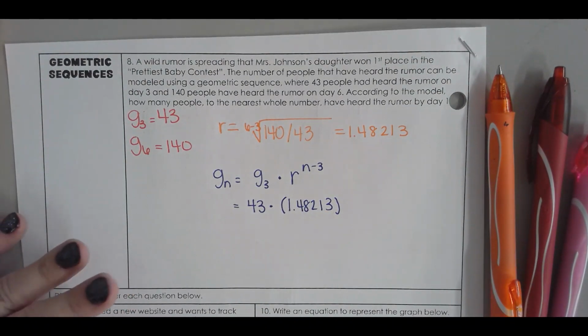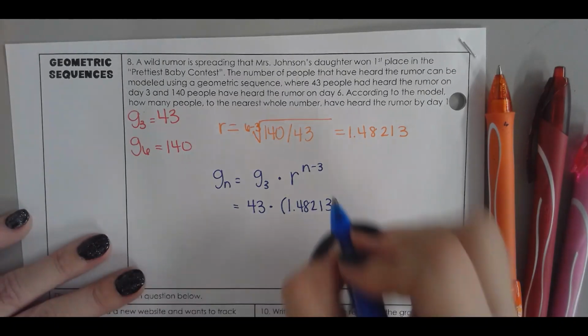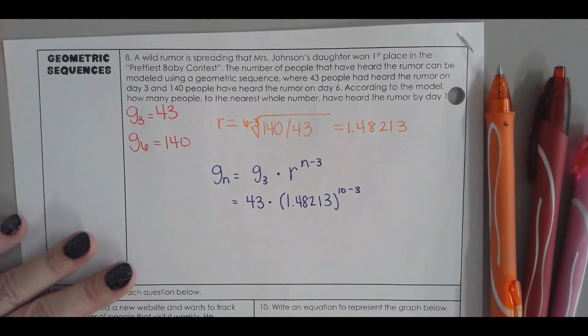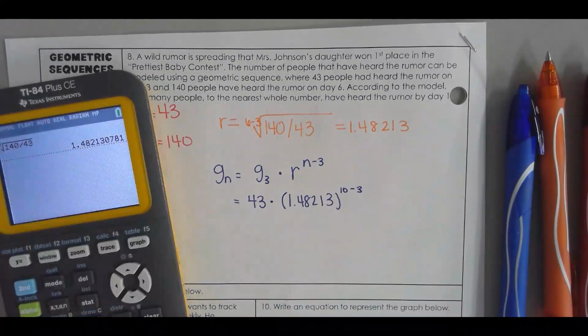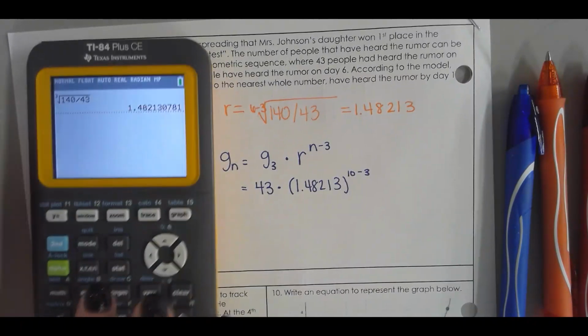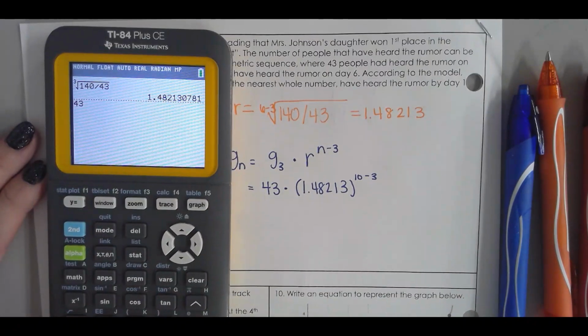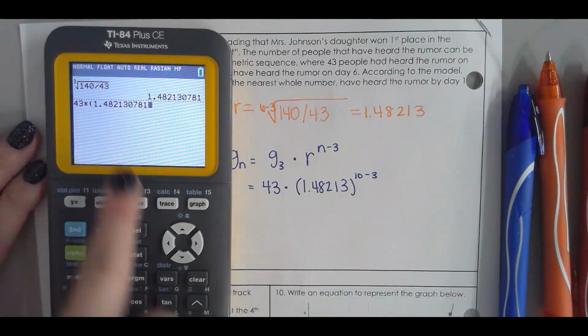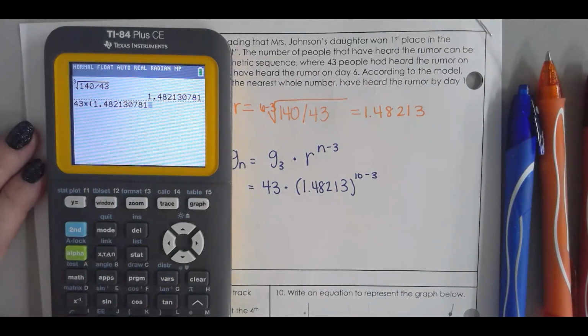What's my n? 10, because it's the 10th day is what I'm looking for. 10 minus 3. So I'm going to do 43 times, and I'm going to do parentheses just to be safe. I'm going to highlight that and hit enter, and it brings it down to the 7th power.